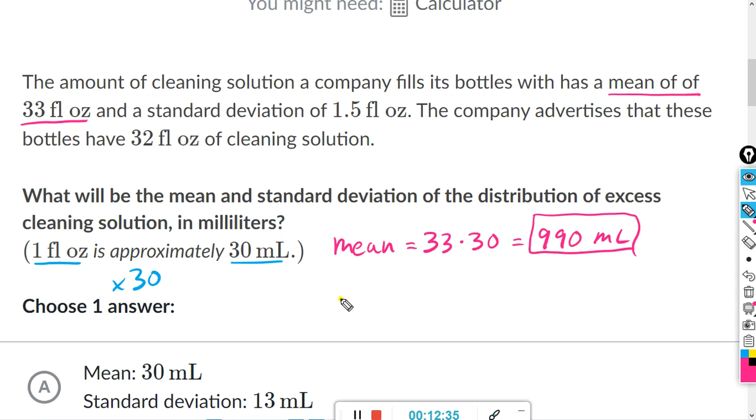Okay, and the same is true for standard deviation. If you multiply the entire data set by a certain number, the standard deviation changes by exactly that amount. So let me see, standard deviation is 1.5. So I take 1.5 and multiply it by 30.